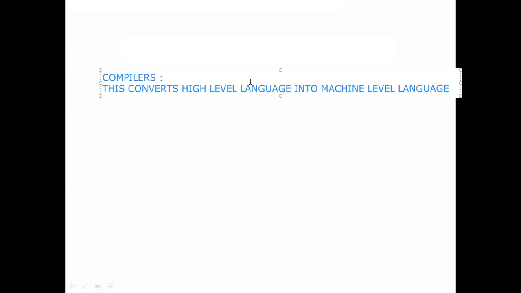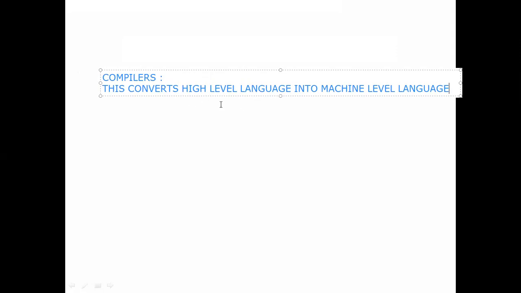High level language means which is given by us, that is, given by the user. We implement the programs in high level language that is understandable by the user. But that high level language is not understood by the machine, that is, the processor. The processor can understand only machine language, that is in the form of ones and zeros only. So what does this compiler do?